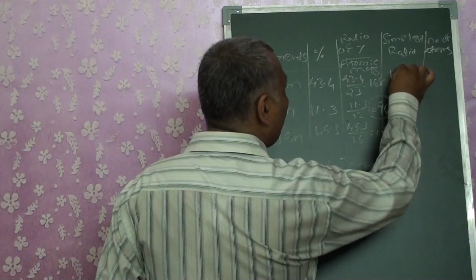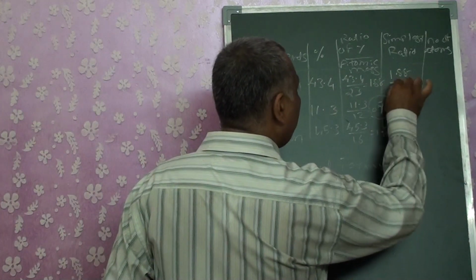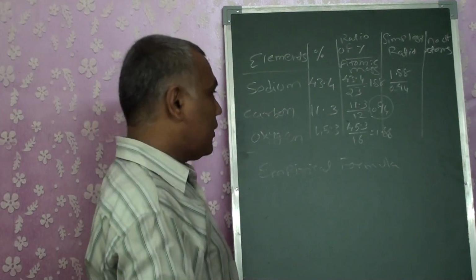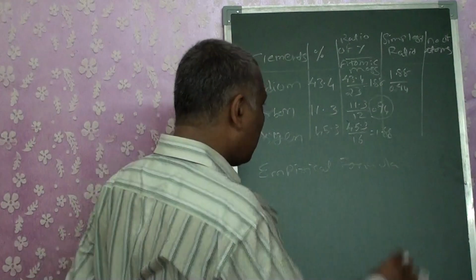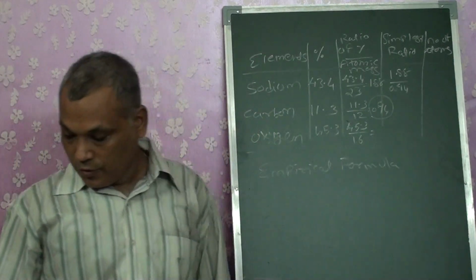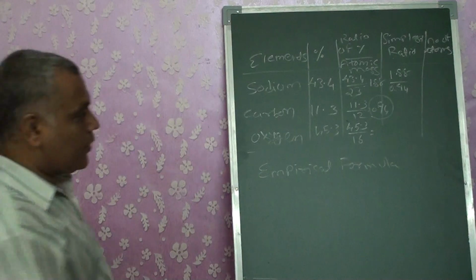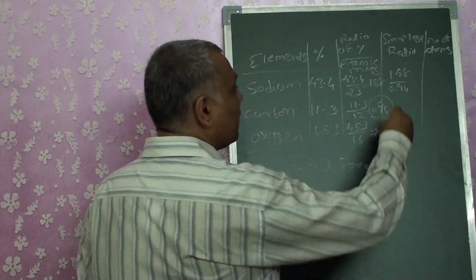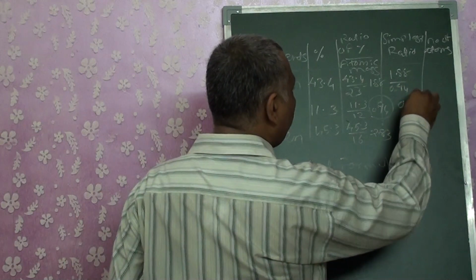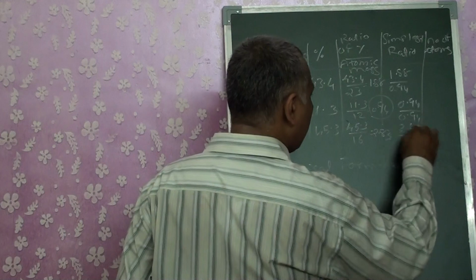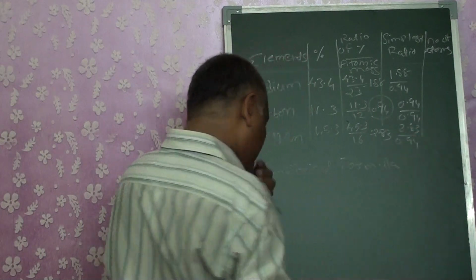So 1.88 divided by 0.94, sorry, here you will get 2.83. So we have 1.88, 0.94, 2.83 divided by 0.94.